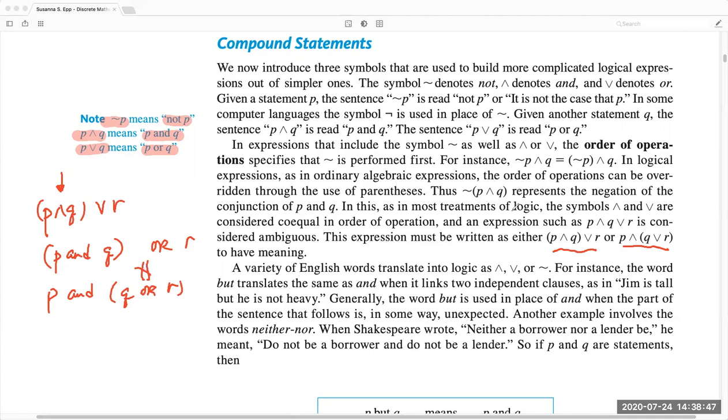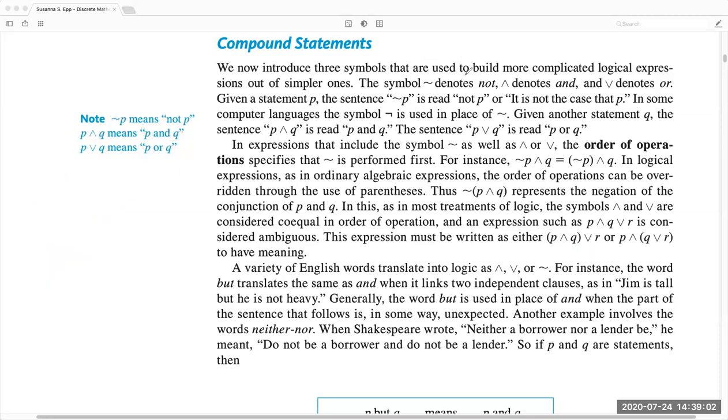You need to look carefully at the brackets. But we have the order of operations. We start from the negation mark, so we do this one first, and then the bracket, and then this one or this one.